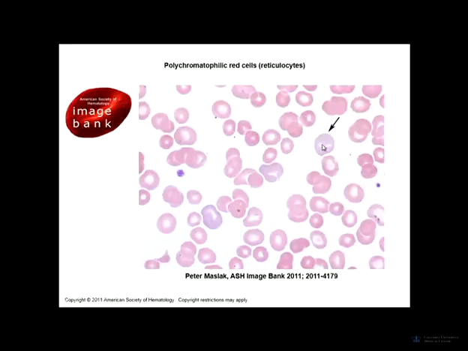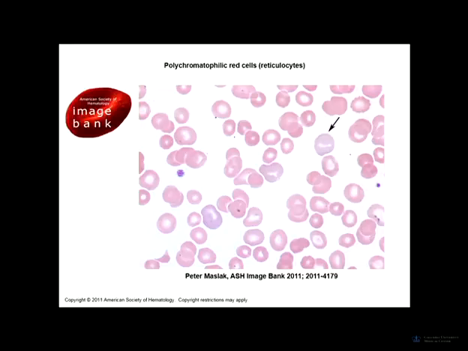These polychromatophilic red blood cells that have a slightly purple color and that are larger than erythrocytes, these are reticulocytes. These are slightly immature red blood cells. And when you see an increase of these, you have reticulocytosis, and it means that the bone marrow is trying to compensate for anemia.